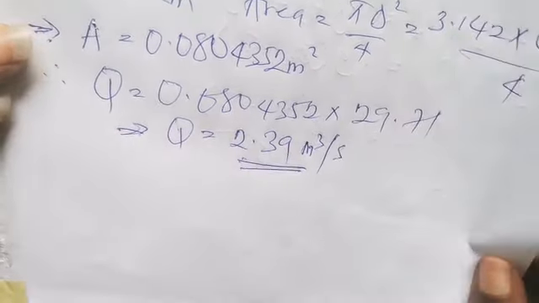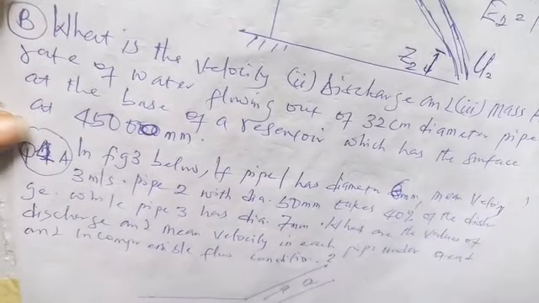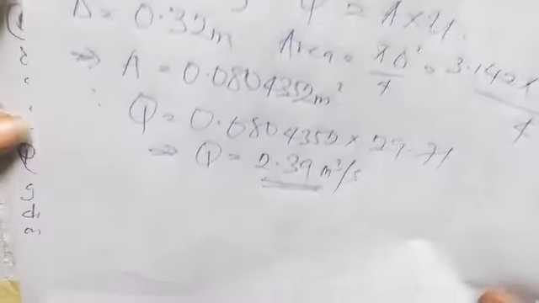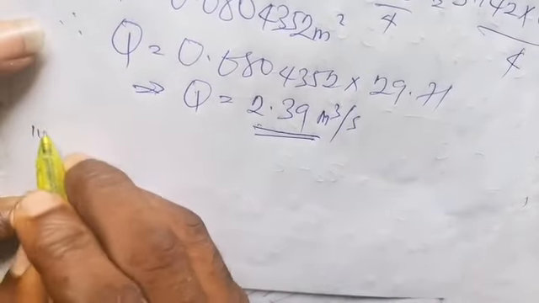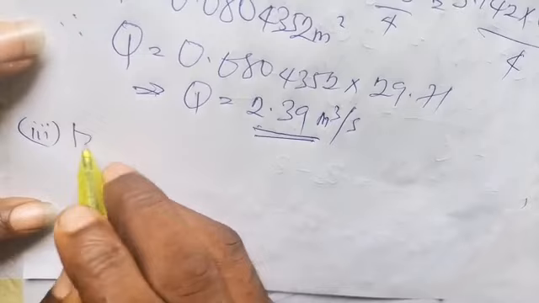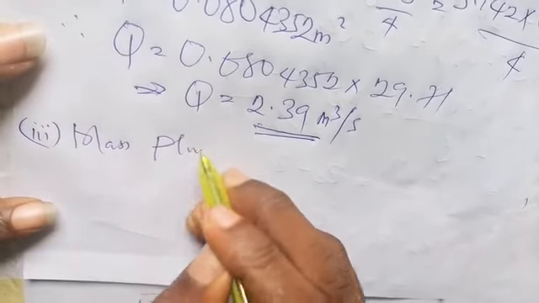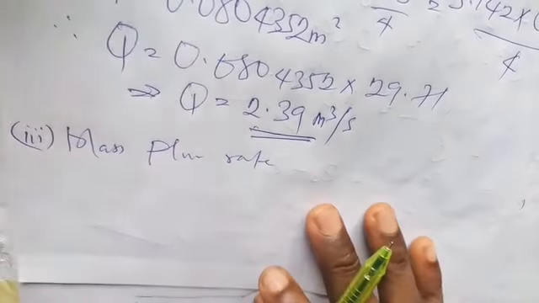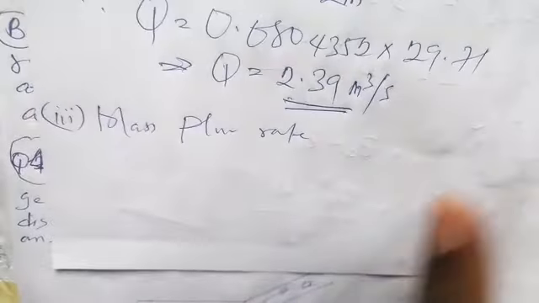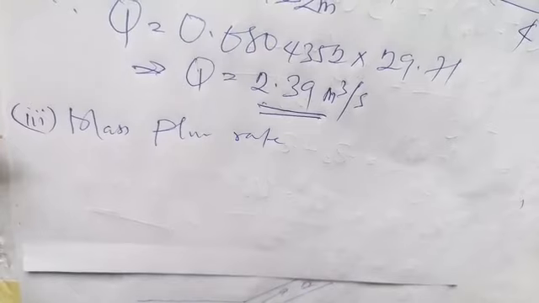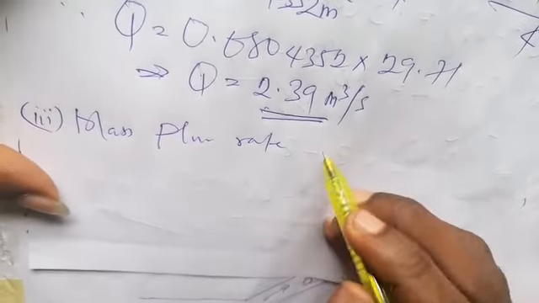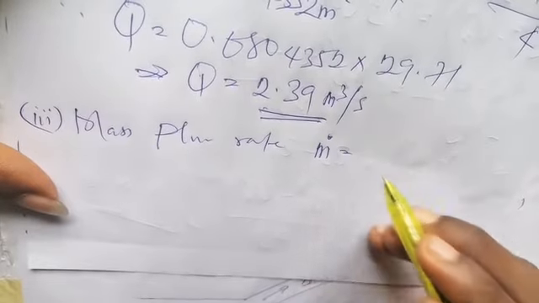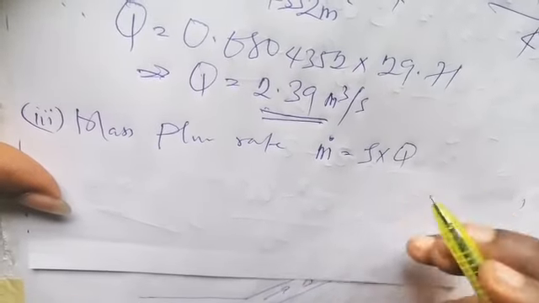The final question says calculate the mass flow rate of water flowing through the pipe. I've already given this when we did some videos on test preparation of fluid mechanics for all Rivers State University students: mass flow rate m dot is given as density times discharge.